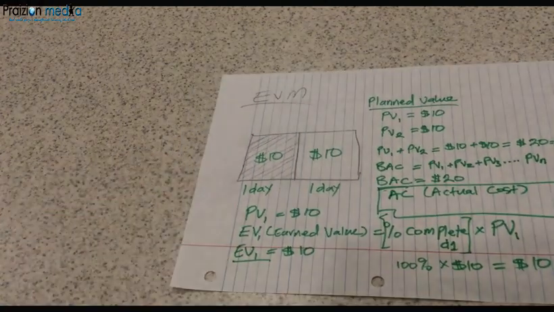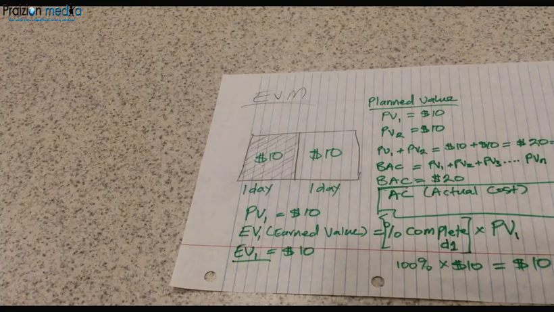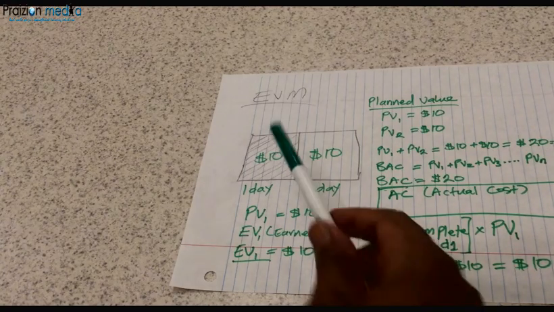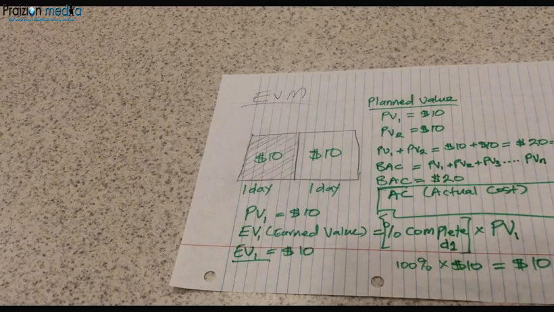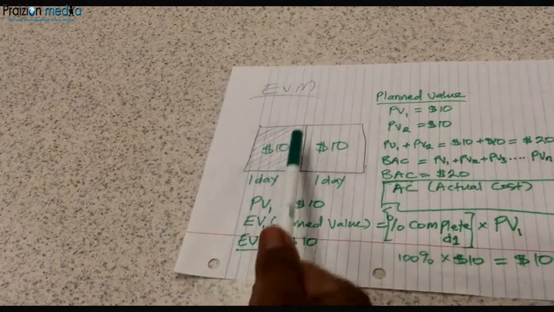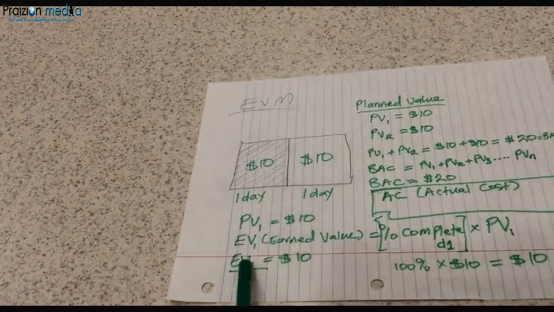Now in this example, I said we got all the work complete. We targeted to get this done in 1 day. That worked out. We targeted to get all of it done, and the value is $10.